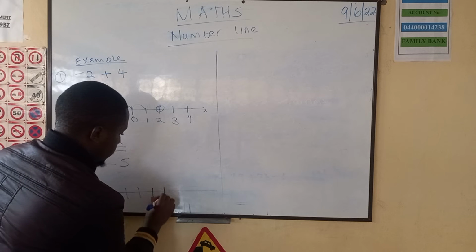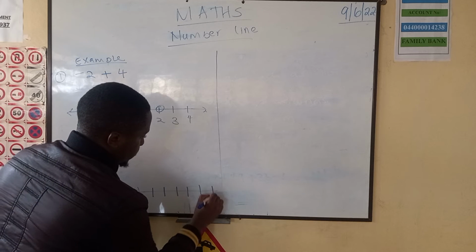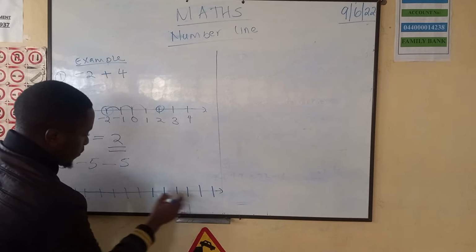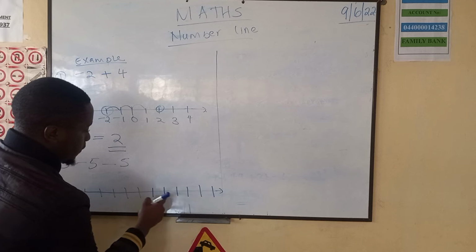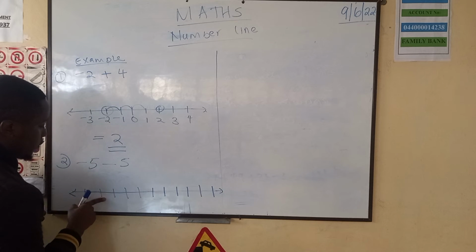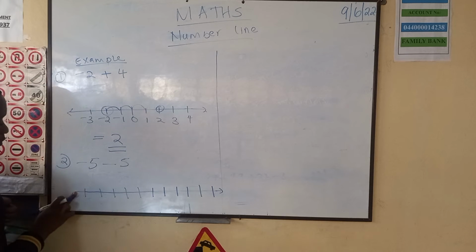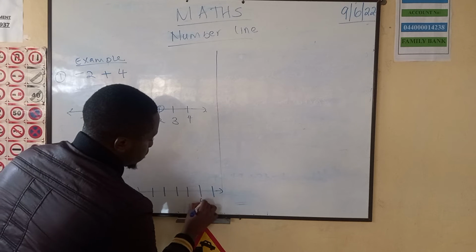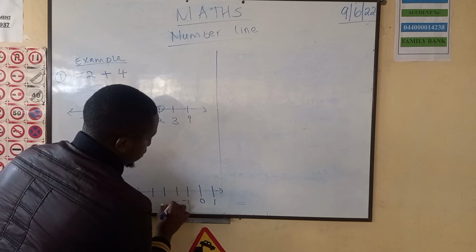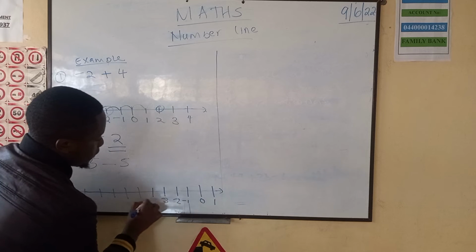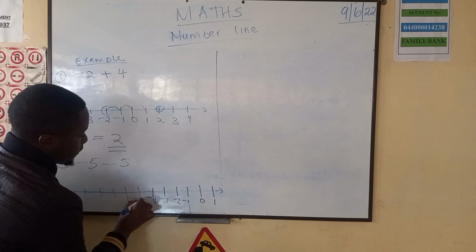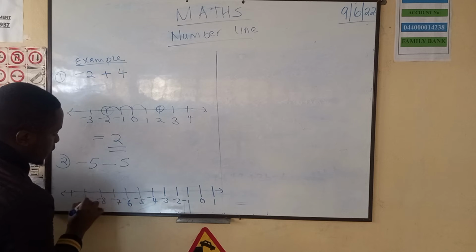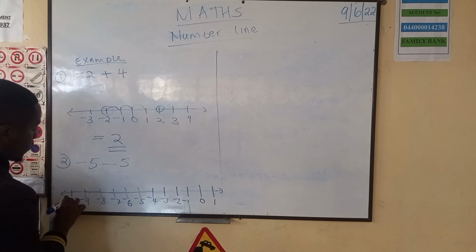So we have our number line there: 0, 1, 2, 3, 4, 5, 6, 7, 8, 9, 10, and on the negative side -1, -2, -3, -4, -5, -6, -7, -8, -9, -10.